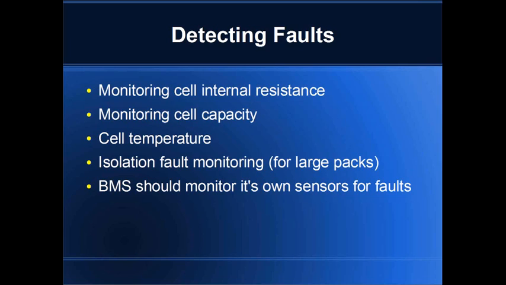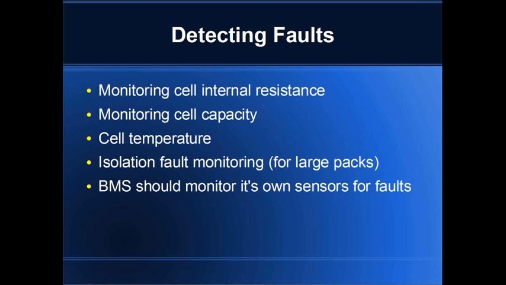So if you have a hot spot in the battery pack, you know that something's going on. It is a lagging indicator. It takes a while for heat to build up. That's something to look for there. It's certainly something to monitor, but it is a little bit of a lagging indicator.